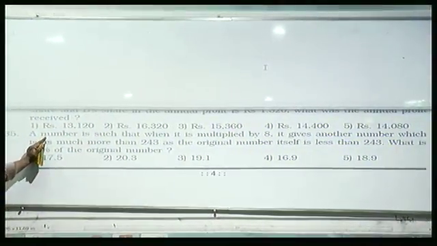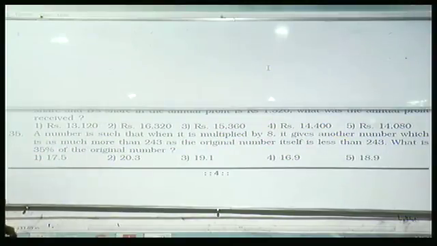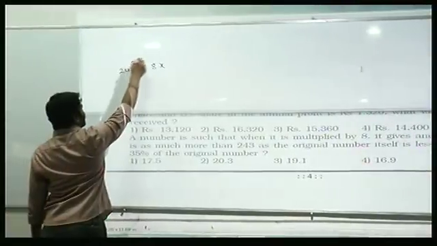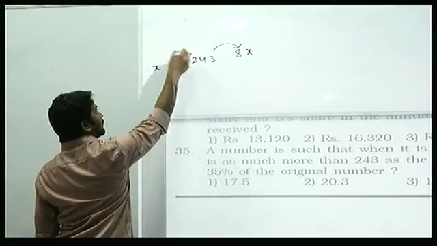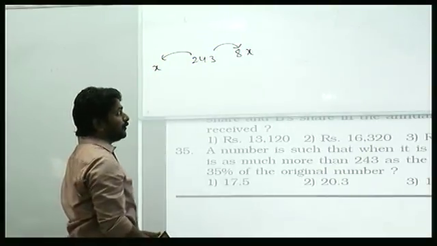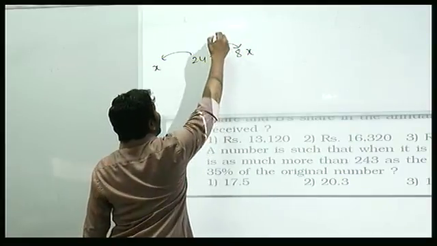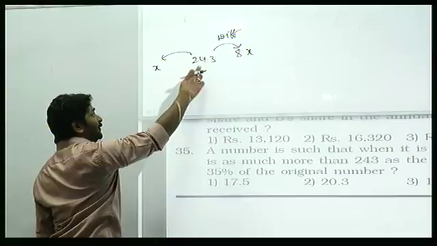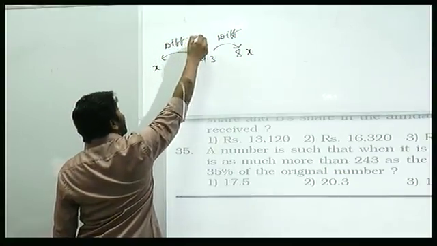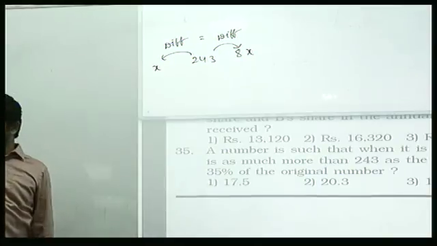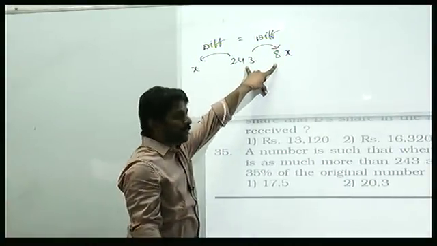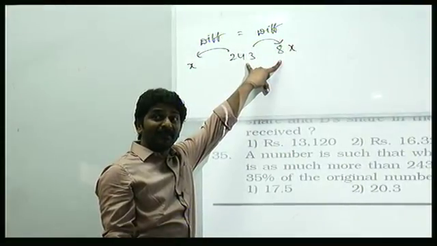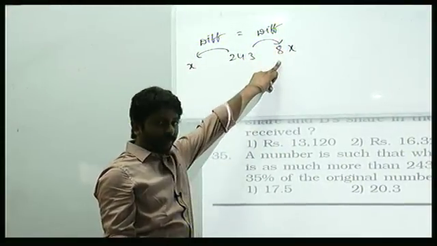So let's say our number is x. A number is such that when it is multiplied by 8, you get 8x. It gives another number 8x, which is as much more than 243 as the original number itself is less than 243. So the difference between 243 and 8x, and the difference between 243 and the original number, they said both are the same. Yes or no? Out of these two numbers, which is the larger number? 8x. 8x is more than 243.